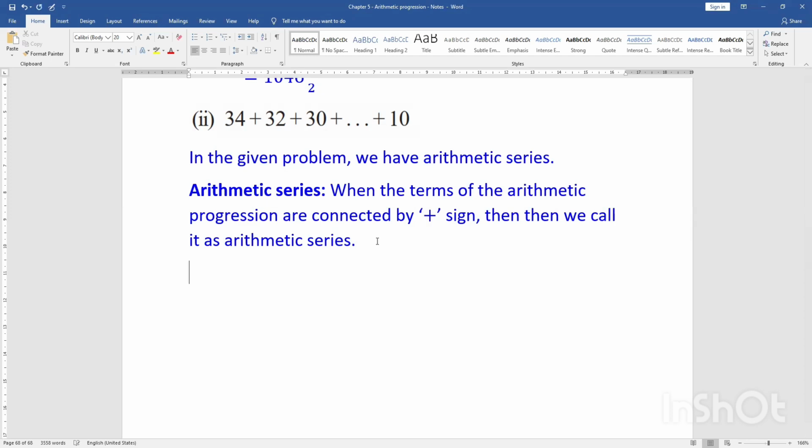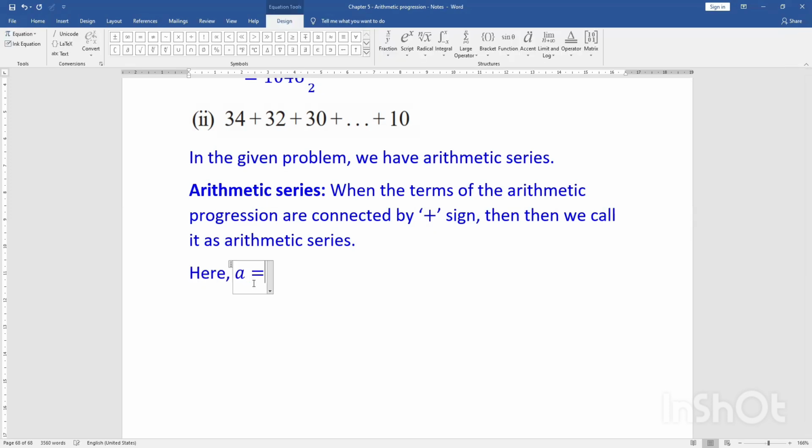Okay, children, now let us write down the findings. Here we have a equals 34, then b equals 32 minus 34, which is nothing but minus 2. Then we have l, the last term, which I can also call a_n, which is equal to 10.